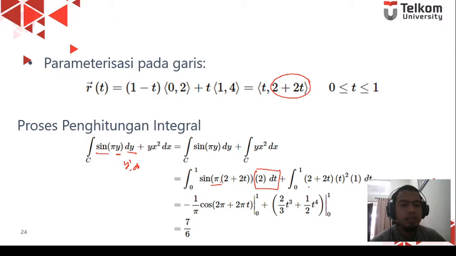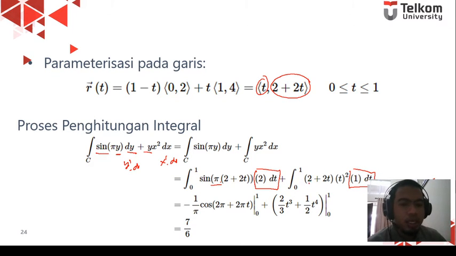Next, y x squared becomes (2 plus 2t) times t squared, and dx equals x' dt, as dx over dt equals 1, so it is 1 times dt.